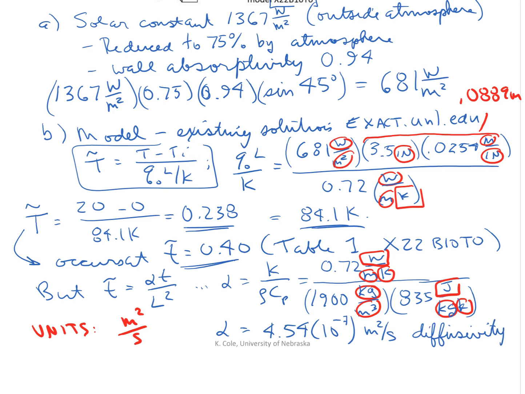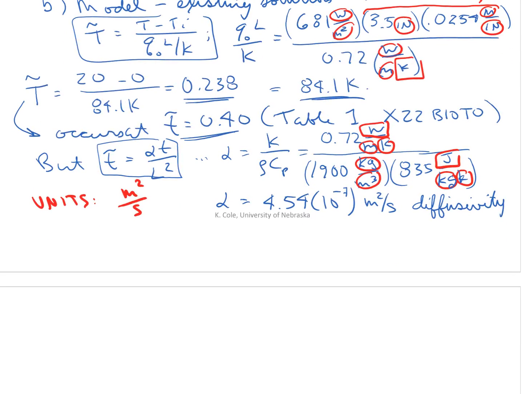All right, using the definition of dimensionless time, we need to unpack this and solve for the time in seconds. It's going to be dimensionless time, t tilde, times L squared over alpha. The dimensionless time was 0.4.